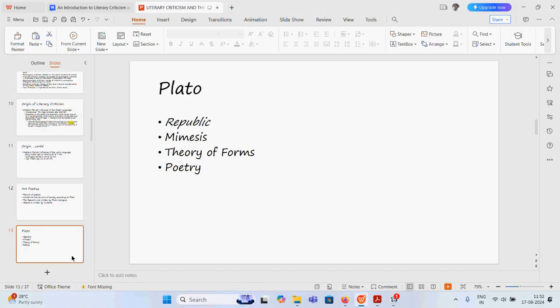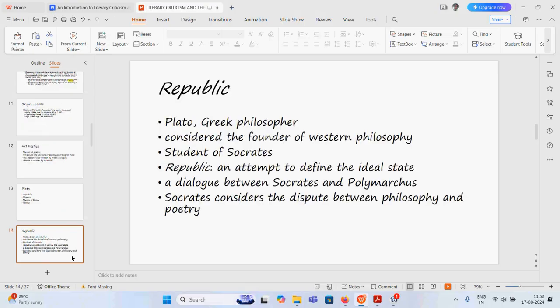In your syllabus, when we are talking about literary criticism and theory, we are focused on Plato. As I told you a little while ago, Plato wrote the Republic. He's famous for the concept of mimesis, for the theory of forms, and for his ideas on poetry. What is the Republic about?